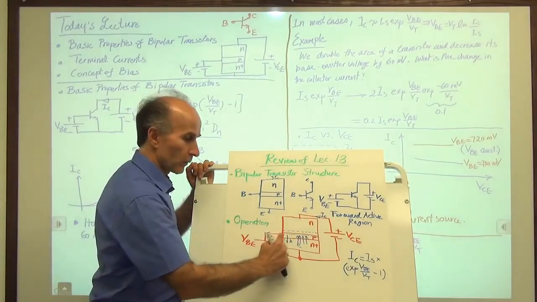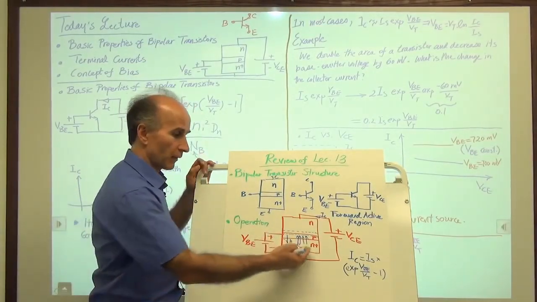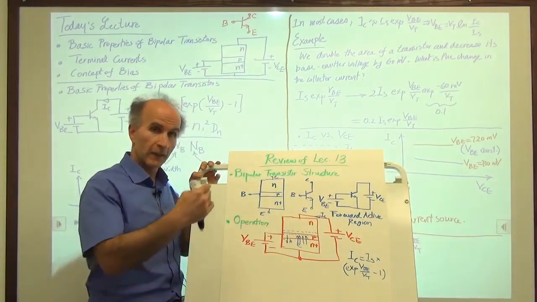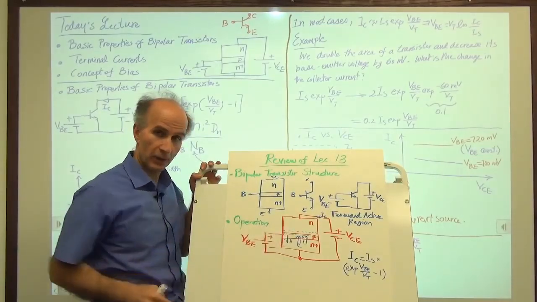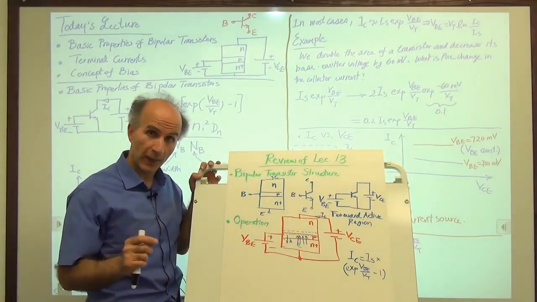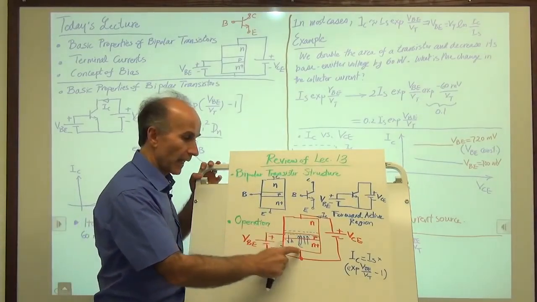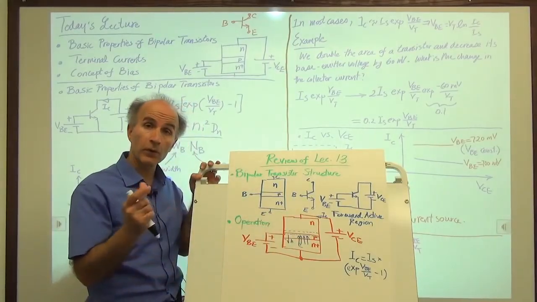Because if we have holes going from base to emitter, we said for every 100 electrons we have one hole, for example, right? So the number of holes is proportional to the number of electrons. And same for recombination. In other words, we can say that the base current and the emitter current or the collector current are proportional to each other.